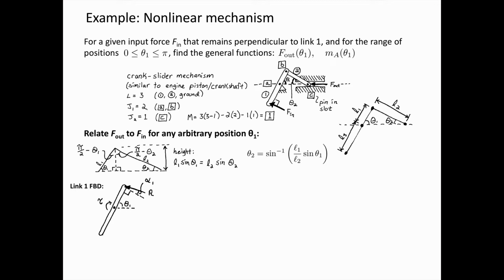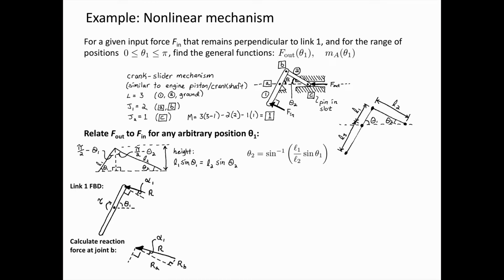There is going to be a reaction force at that joint from the resistance offered by link 2. Because the revolute joint cannot exert any moments about its axis of rotation, we're only going to have a force exerted at the end, and it's going to be aligned with the orientation of link 2.